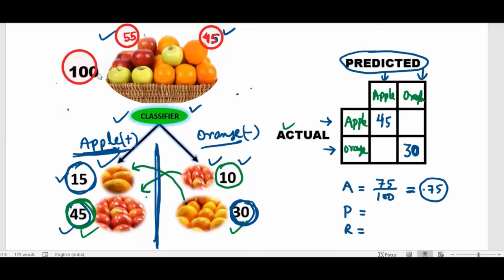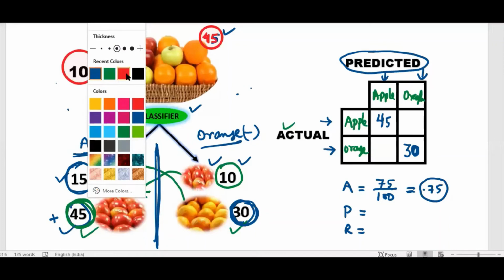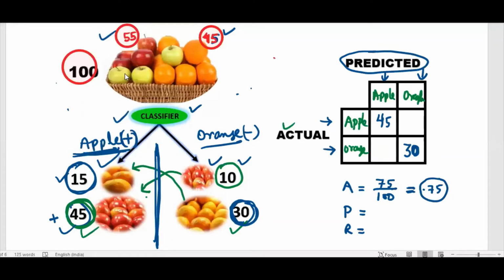So you can say this is true positive. All are positive here, not actual, predicted. The classifier predicted this way, all positive, but this is the real positive, the apple ones. These are the actual ones and the predicted ones. So correct, you can say. This is true positive, the first one, 45 here.